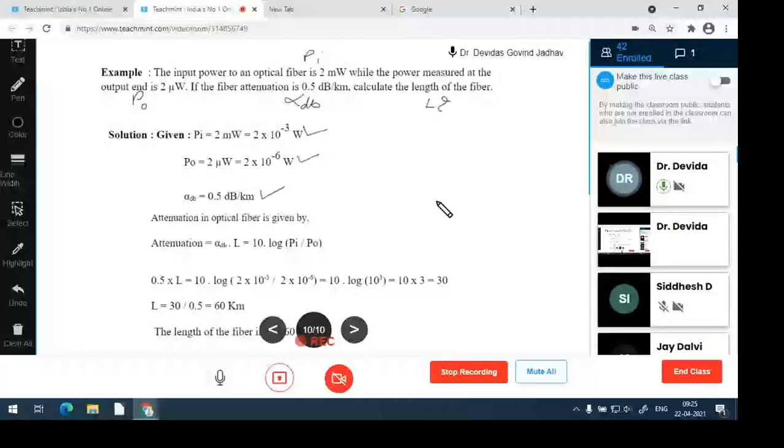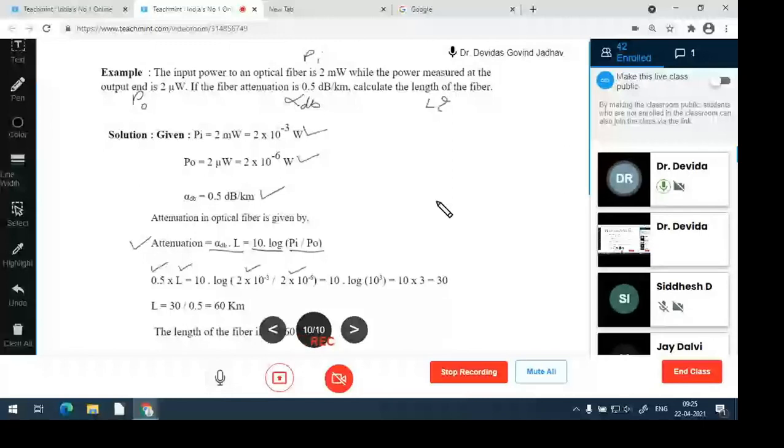So attenuation in the fiber is given as alpha dB into L, that is 10 log Pi upon Po. Simple, same formula. So alpha dB is 0.5, L is to be calculated.